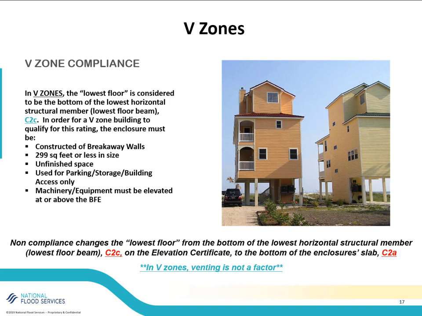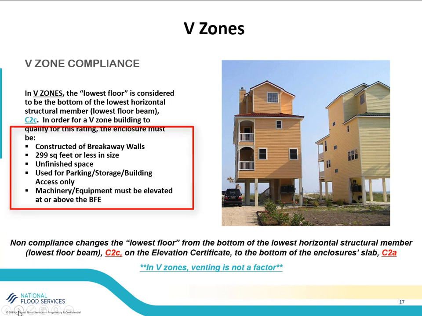An enclosure in a V zone has a totally different set of qualifications to make it compliant than what we discussed in A zones. In order to meet compliance, the enclosure must be constructed of breakaway walls and be 299 square feet or less in size. The space must also be unfinished and used for parking, storage, and building access only.